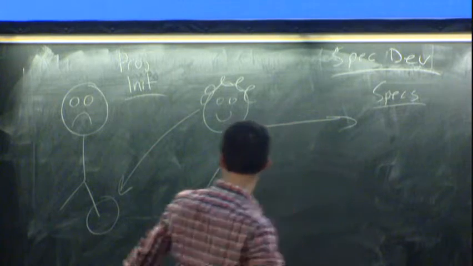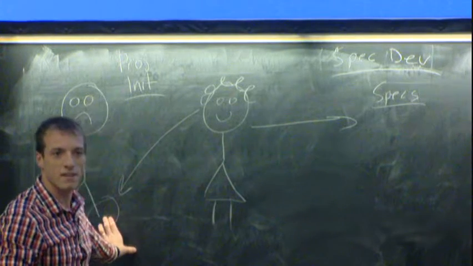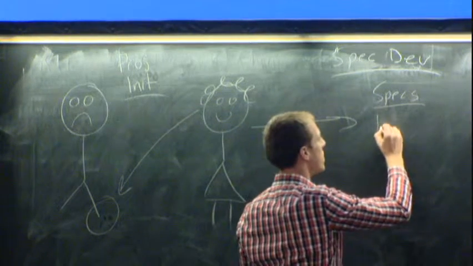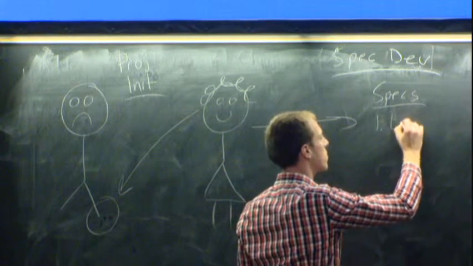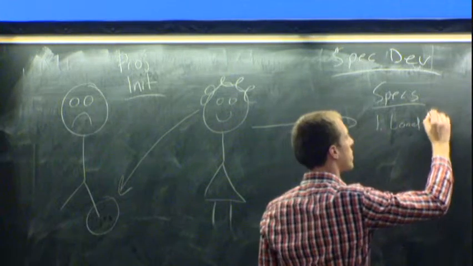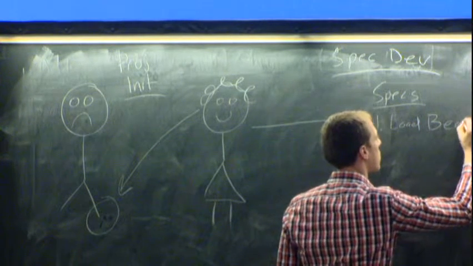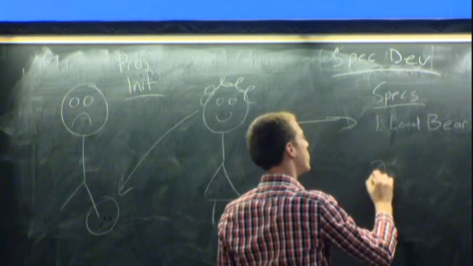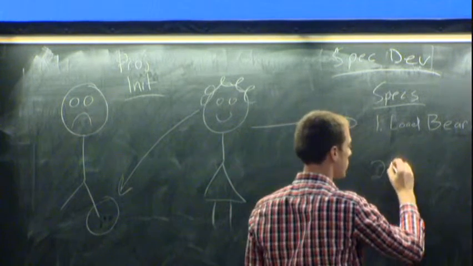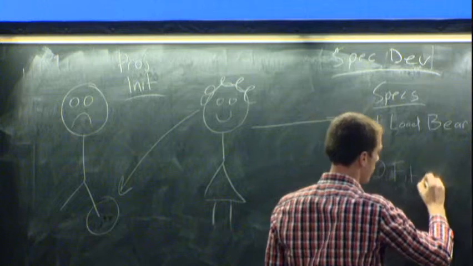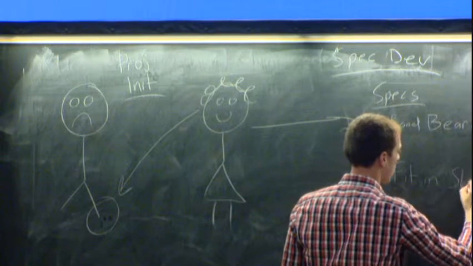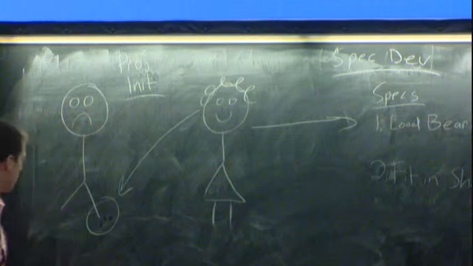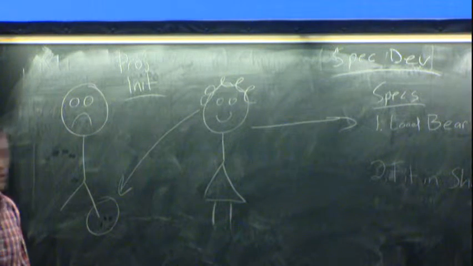So for this foot that she's going to design, stickman, maybe specification 1 is that it needs to be load bearing. And specification 2 might be it needs to fit in a shoe. Seems like some basic user needs for a foot, right? Give this nice fella something he can walk around on.